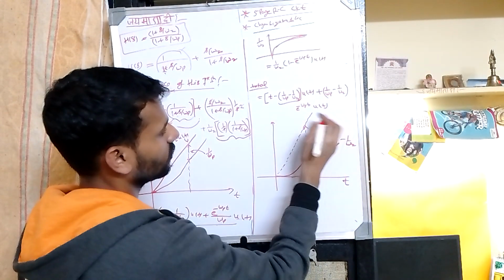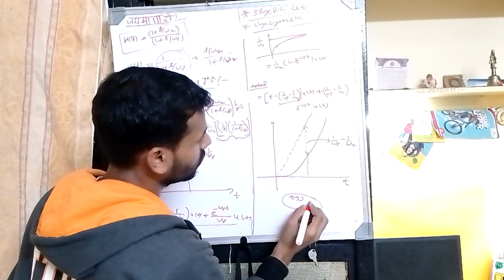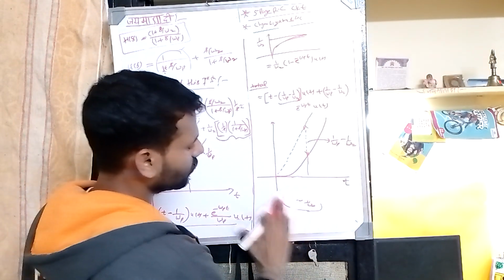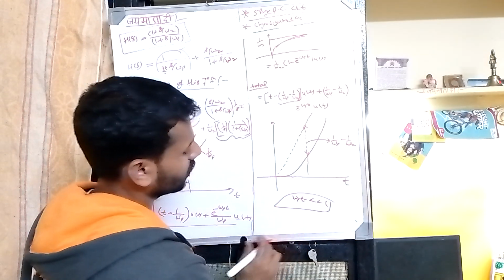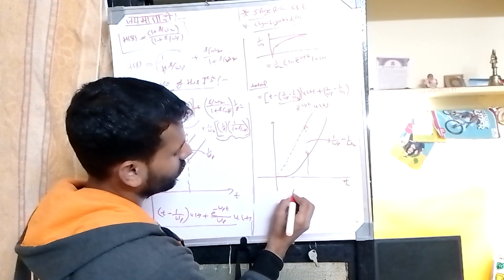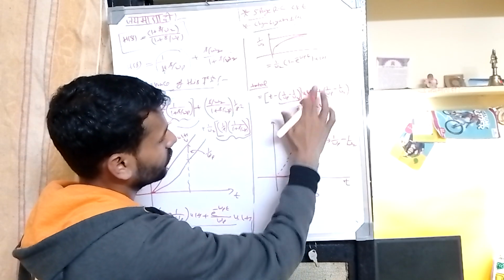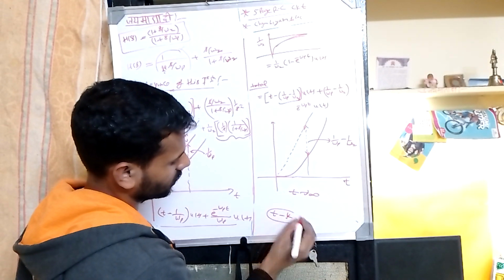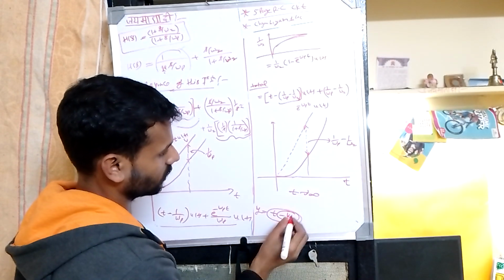At t equals infinity, or t very much greater than 1 by omega p, otherwise omega p t is very much less than 1, then, sorry, for t tending to infinity this term will go to 0 and you will remain with this term, and this term looks like t minus k, some constant, so the difference is minus k only.